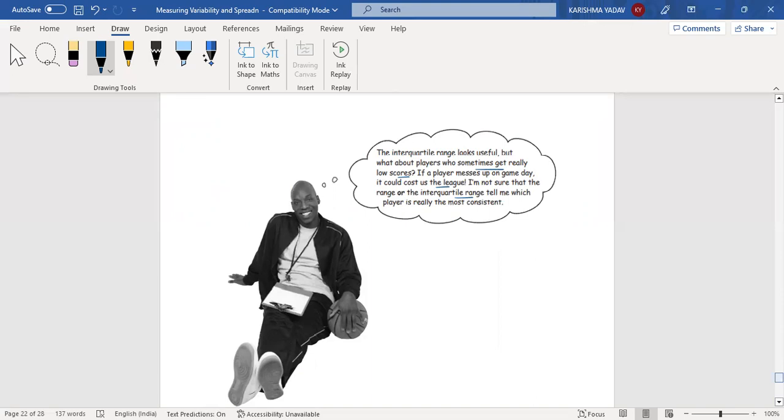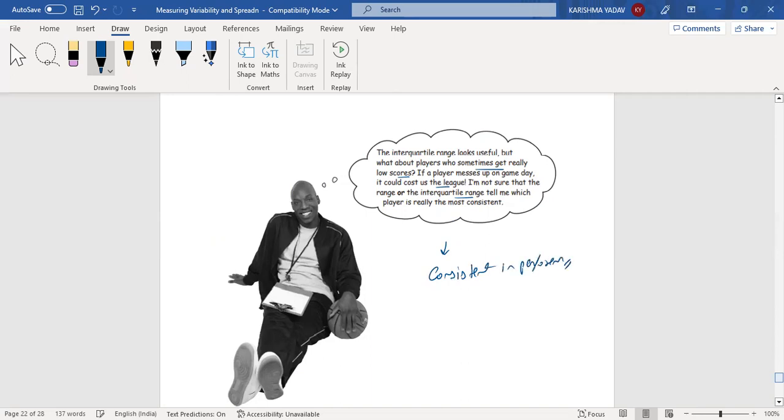The coach doesn't just need to compare the range of the players' scores, he needs a way of measuring the spread of the data more accurately, so he can choose the player who is consistent in performance.